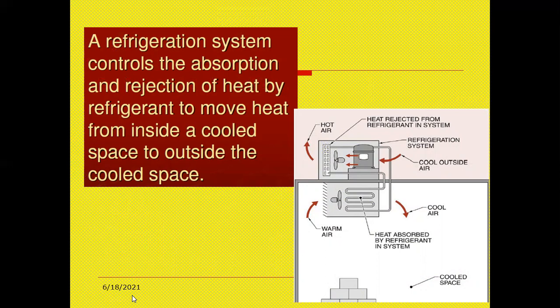Okay, now see here, the refrigeration system controls the absorption and rejection of heat. It may be a fridge or it may be an AC. It will absorb the heat and reject the heat, using the refrigerant to move heat from inside a cooled space to the outside.